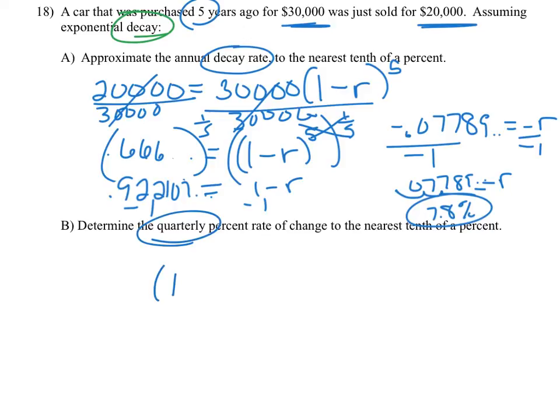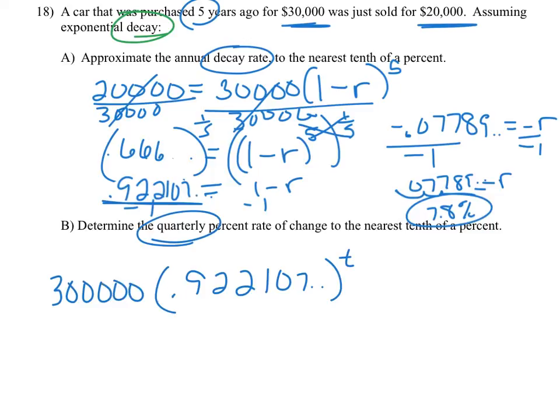So we do 1 minus 0.078, or it's really just this number right here we could just use: 0.922107, etc. to the t power. That's a great number, and knowing that this 30,000 is here, if you have to find any other values, you can. However, we don't care about this right now.